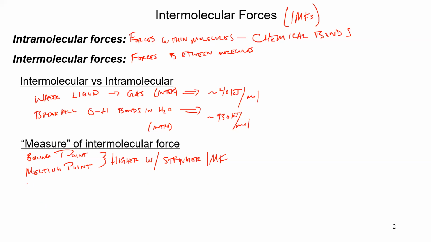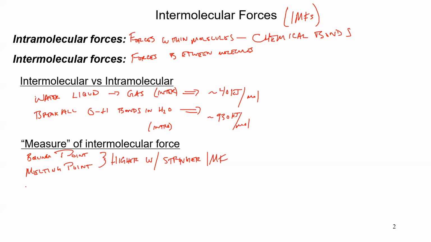Okay. We also have some other ways that we can think about intermolecular force strength, and these are also directly related to boiling and melting points, but they're a little bit more scientific, a little bit more exact. And these are enthalpies.